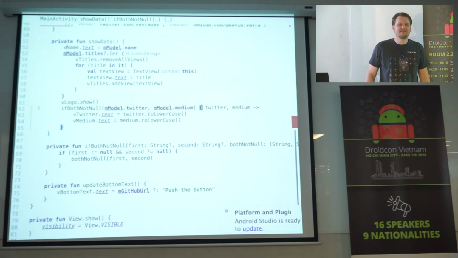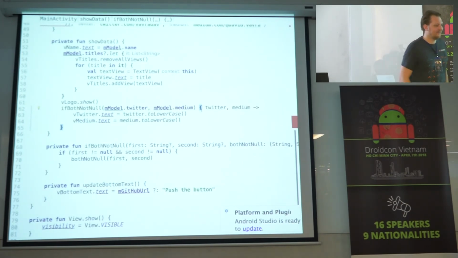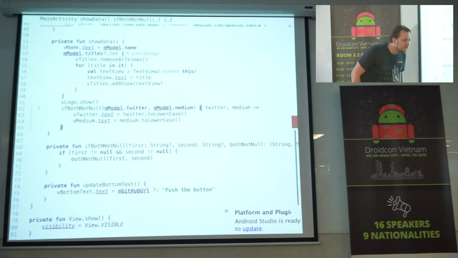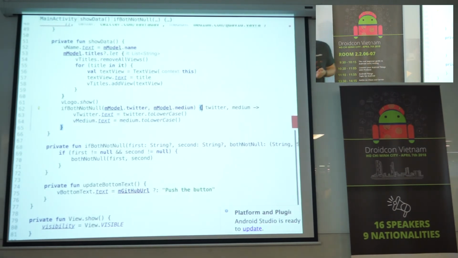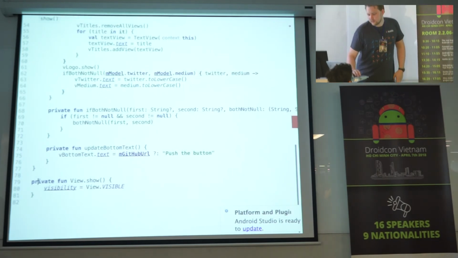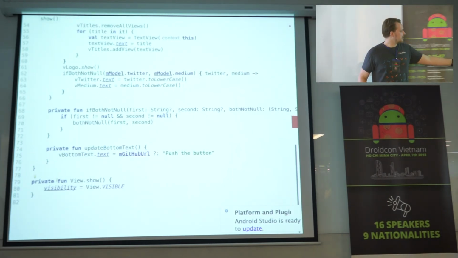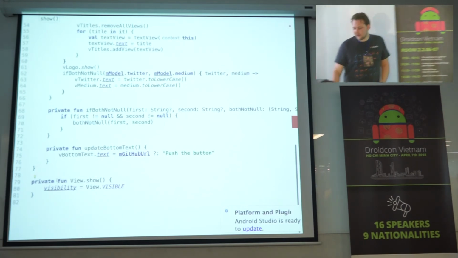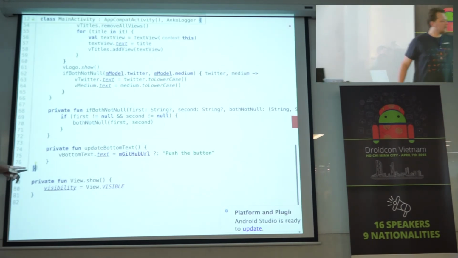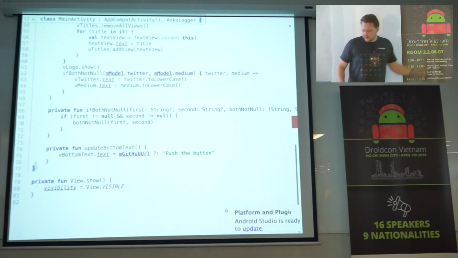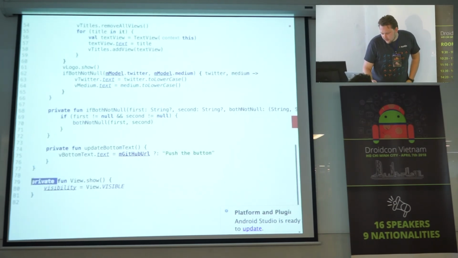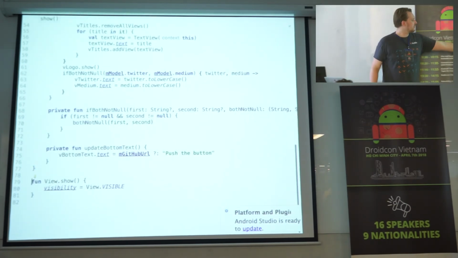Another question? When you use an extension function in Kotlin, is it only applied in this activity or on the whole app? The extension function? So you see, it's actually not in the activity, it's just in the file, because the activity ends here. So this function is available for all the other activities. But this is private, so to make it work everywhere, I would make it public.